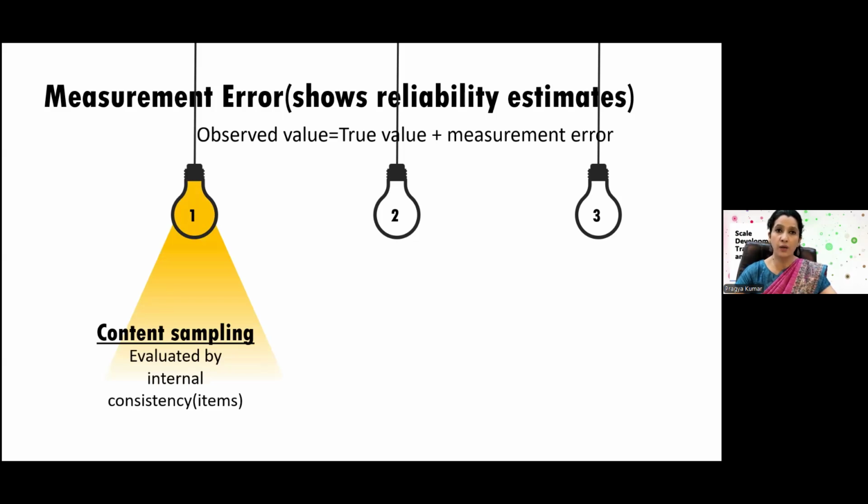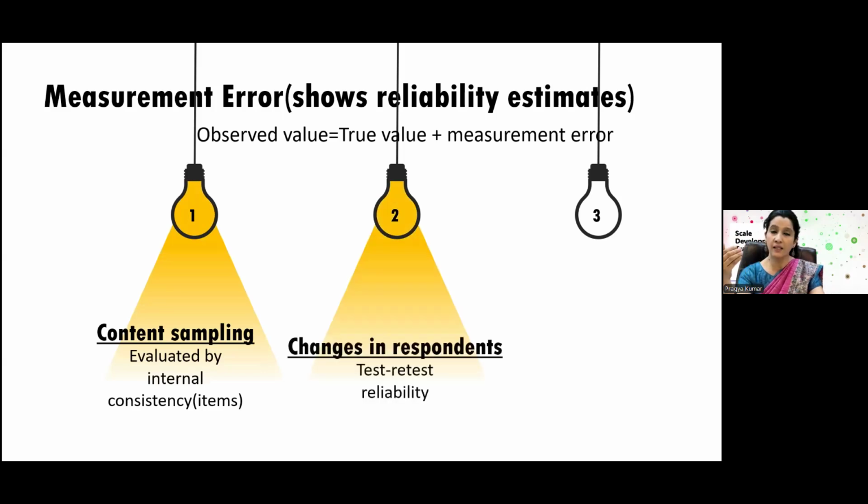When you have taken the initial content validity and the initial sampling, that error could have been there, which you can test by internal consistency. The second type of reliability: there might be changes in respondents, meaning my mental state, right?